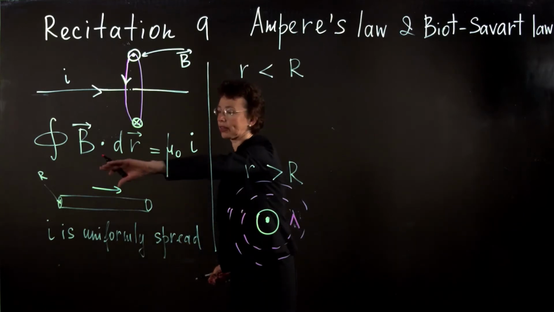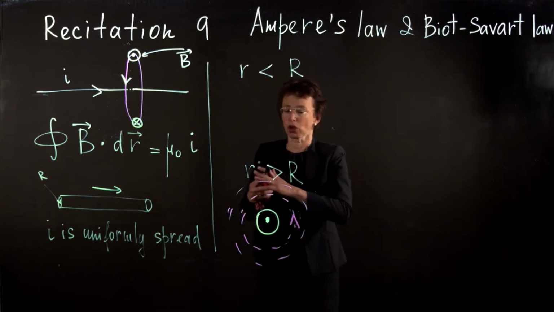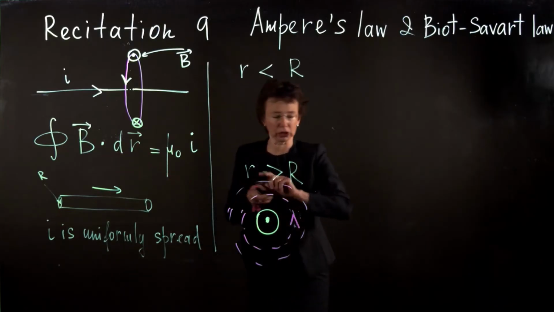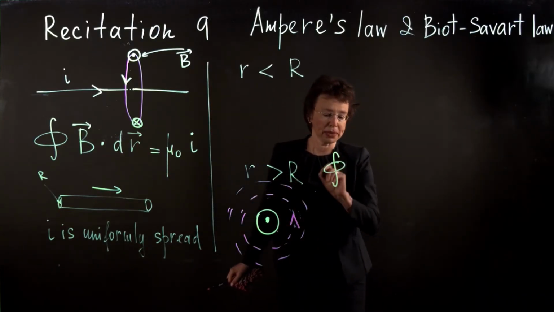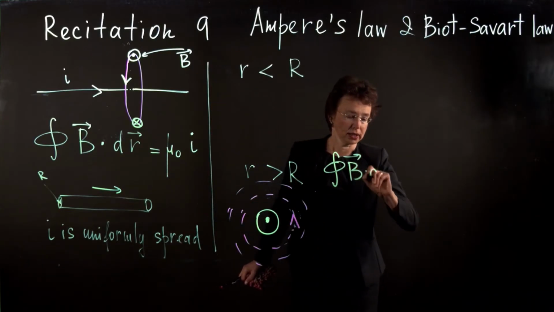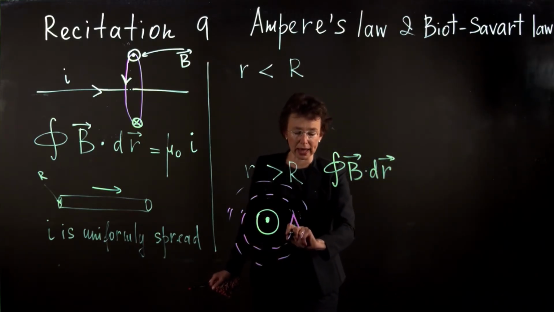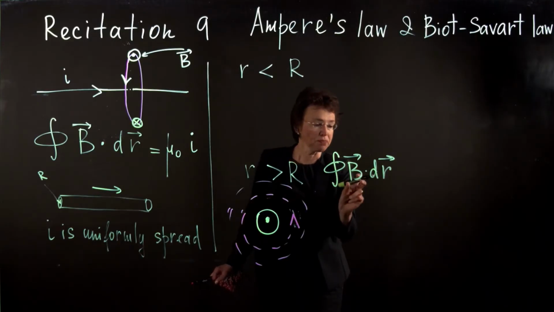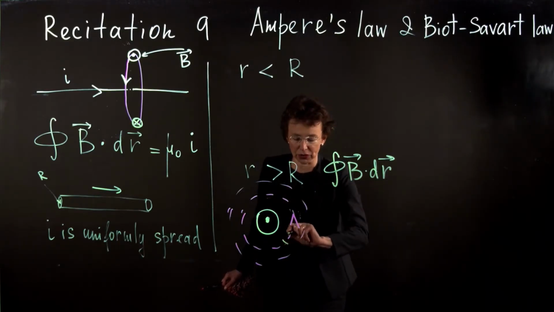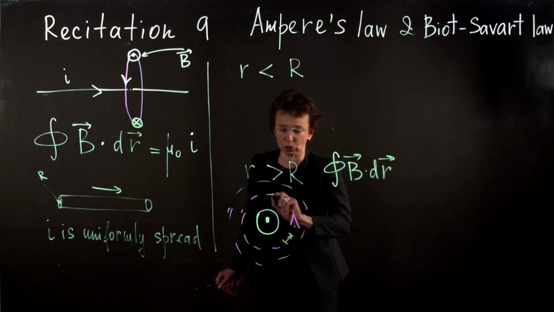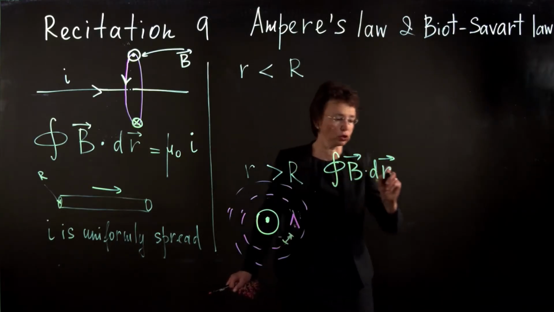Okay, now I look at Ampere's law. We find the magnitude. What will be the dot product B dot dr? B dot dr is simply a product because lines of the magnetic field are parallel to the infinitesimal small steps that we follow when we go around the loop.